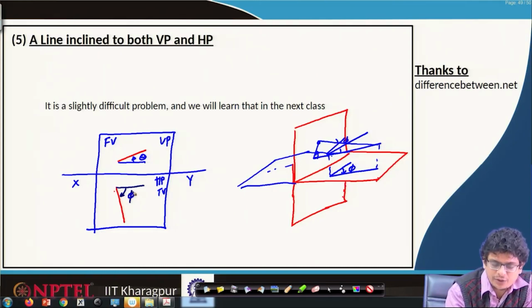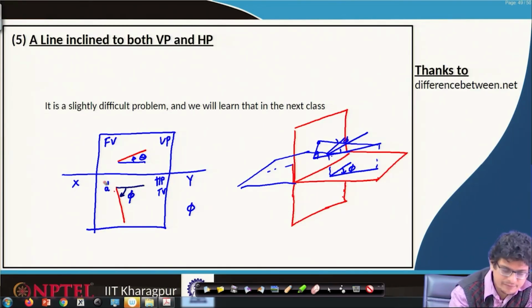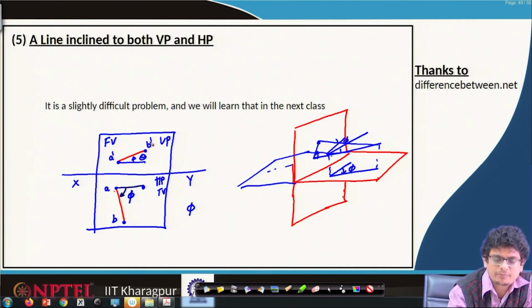The angle what we are going to sense here, phi, let us note it A, this one is A, this one is B, similarly this one is A prime, this one is B prime.